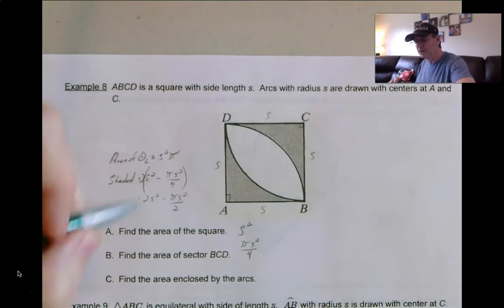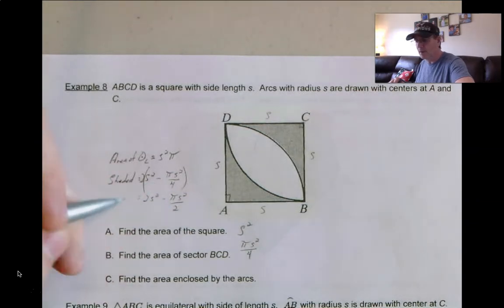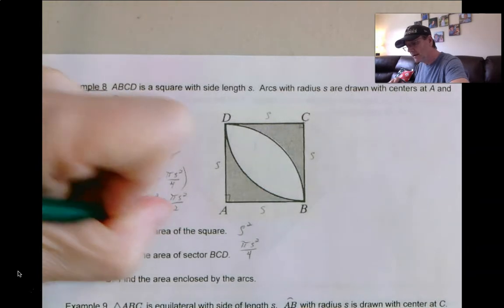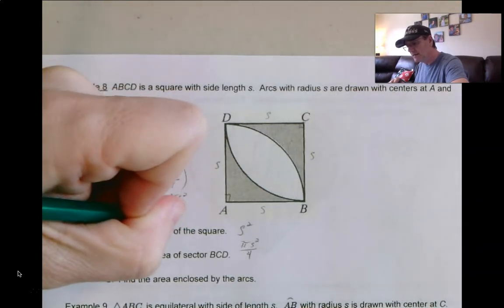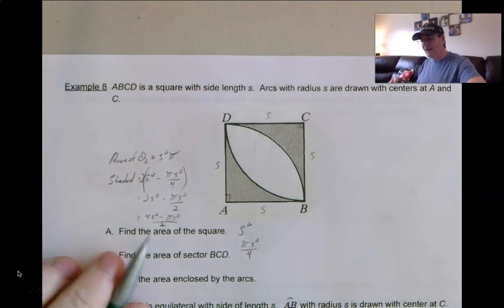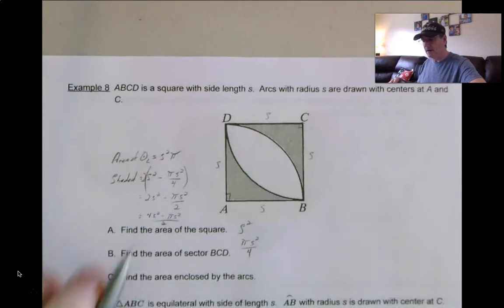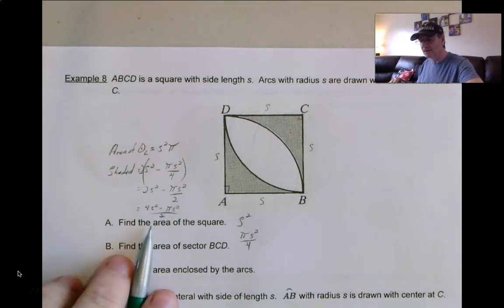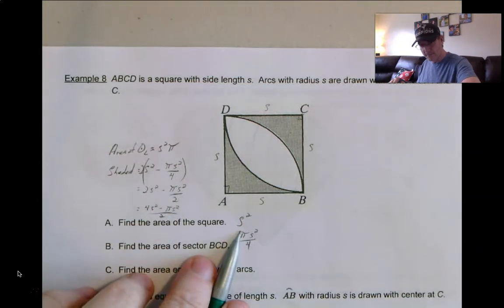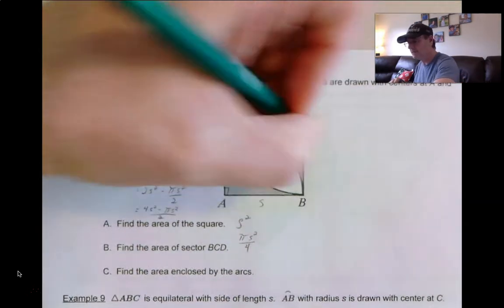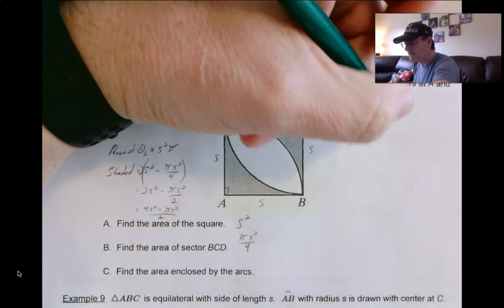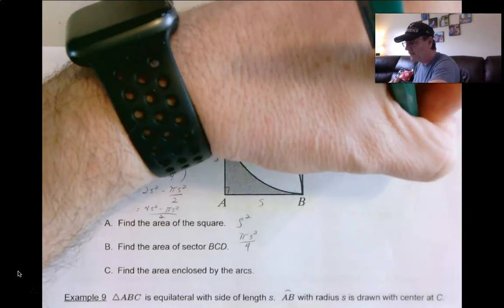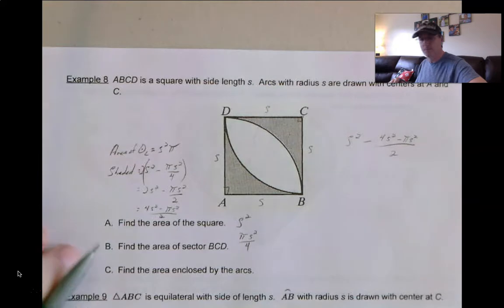And now let's get a common denominator here. So I have 4S squared minus pi S squared over 2. This is the area of the shaded. I'm looking for the area of the unshaded. So I'm going to subtract this from the area of the square. Over here on the side, I'm going to go S squared minus (4S squared minus pi S squared over 2).